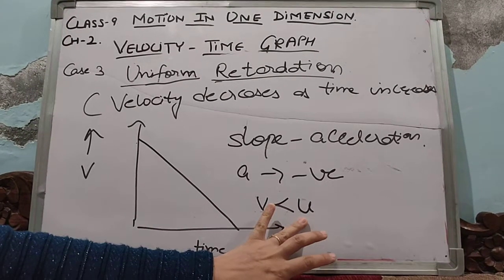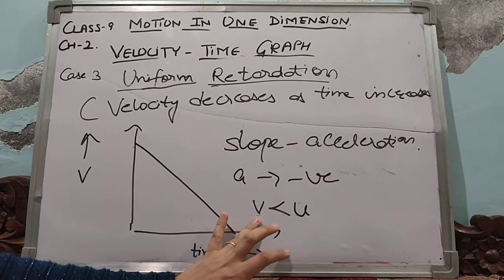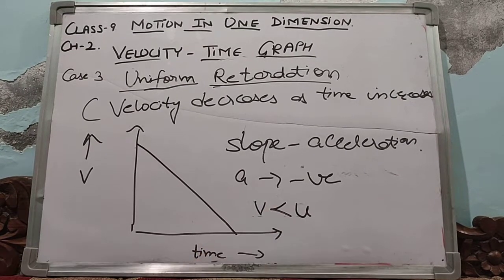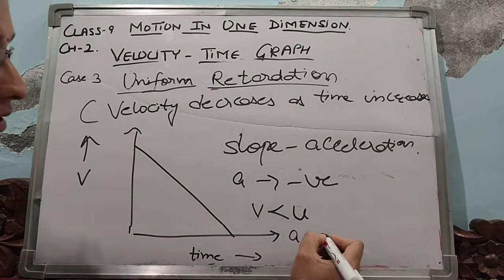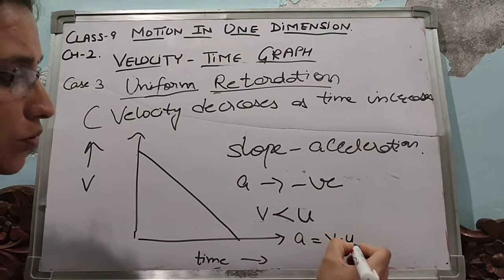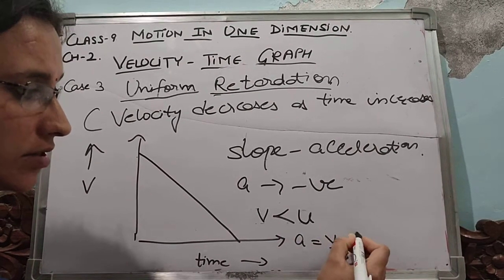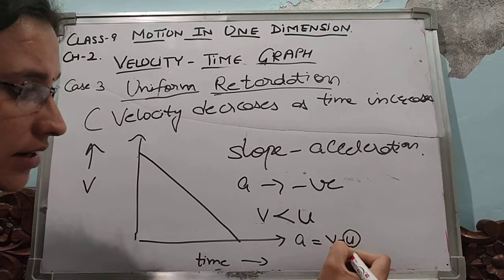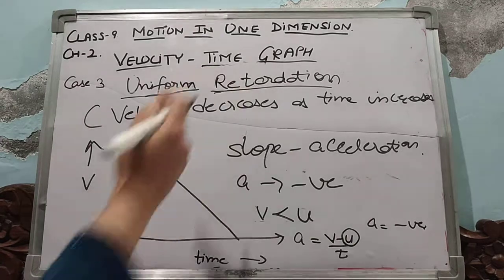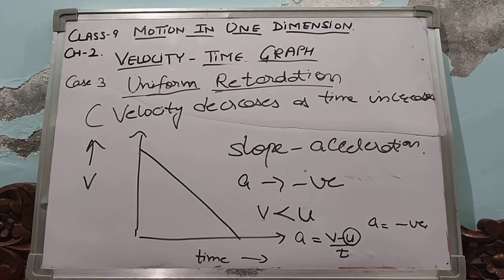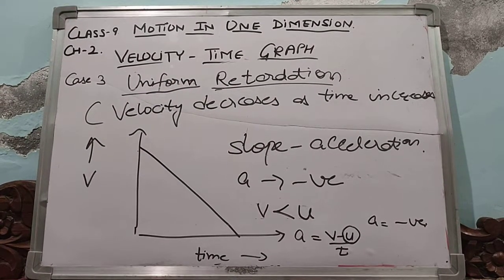Means your initial velocity is always greater than final velocity. So if we apply the formula, a is equal to v minus u upon t, if initial velocity is greater, then a will come out to be negative. So this is a VT graph for uniform retardation.